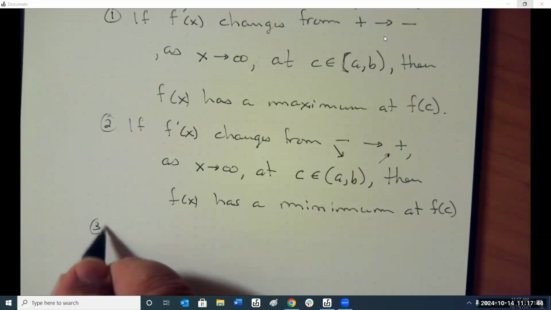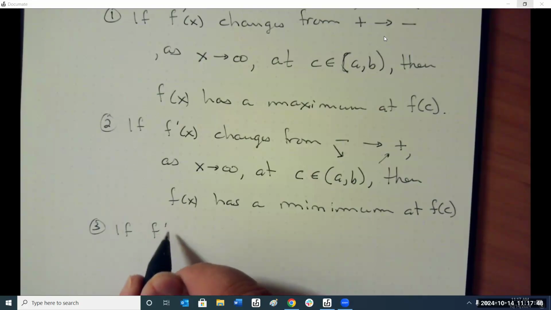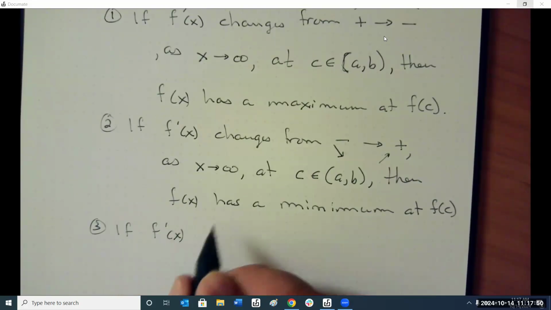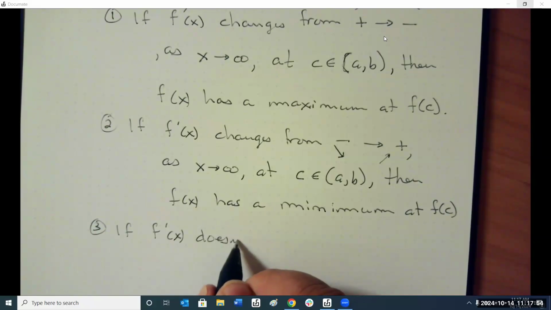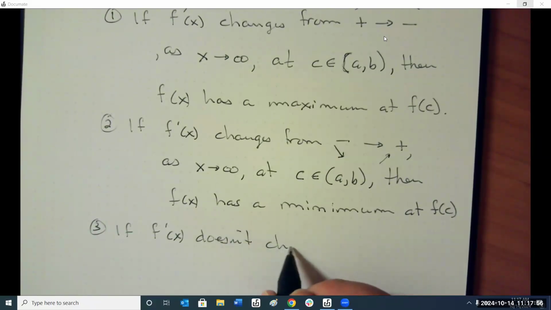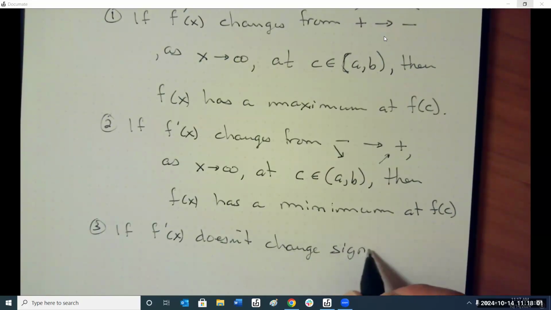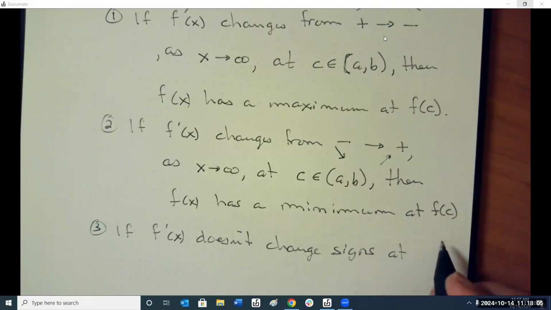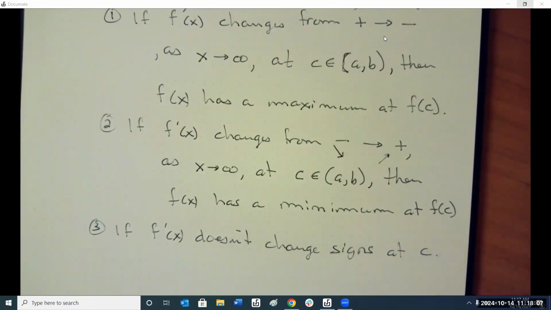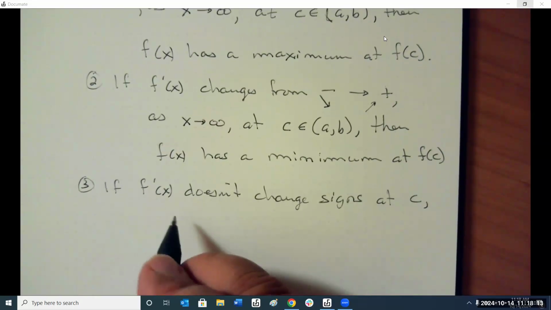And lastly, if it doesn't change signs at c, now, what do you think that means?